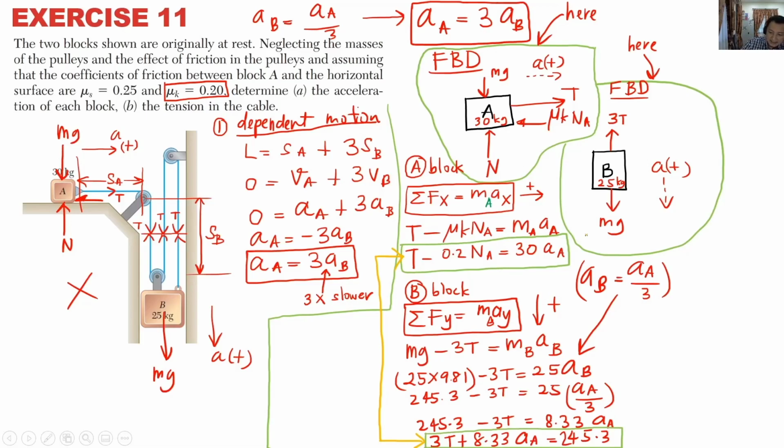So I guess the proper equation that you need to rearrange is, okay, let's write it properly. T dekat depan.